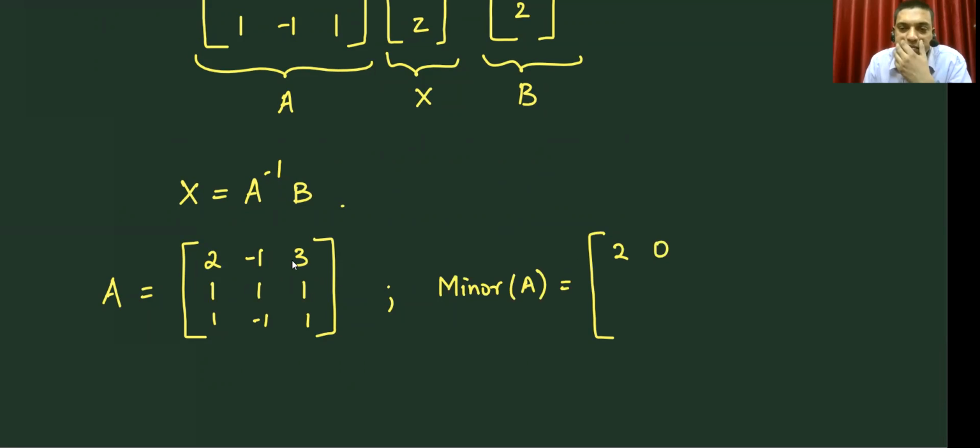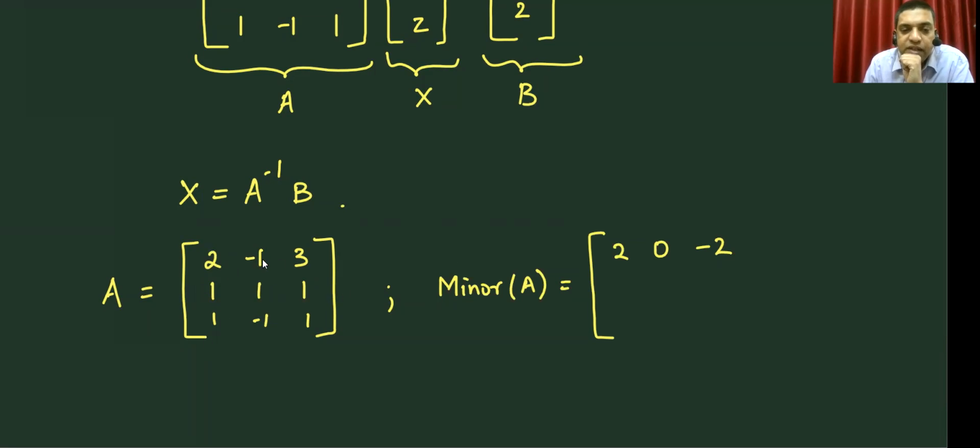Then third, this 1 comma 3, or first row, third column. Remove the first row, the third column. Then you have 1 into minus 1 minus 1 into 1, minus 2. Okay. Next, for the second row, first column, remove the second row and the first column.